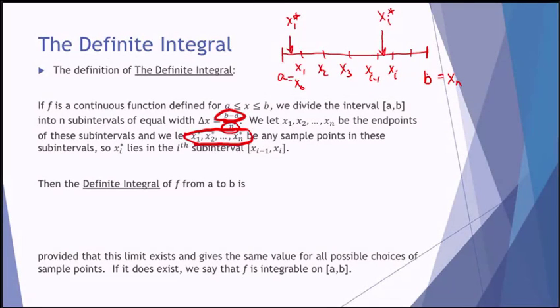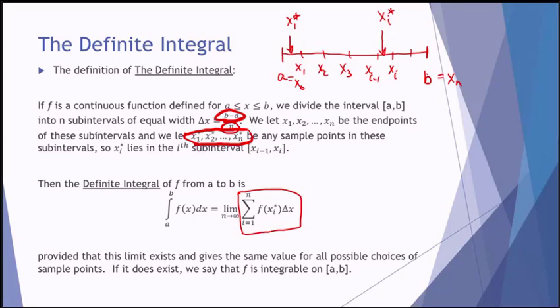So then the definite integral of f from A to B is, now this is new notation. The right side should look very familiar. This sum from I equals 1 to n of f of x sub I star delta x, that is the Riemann sum.